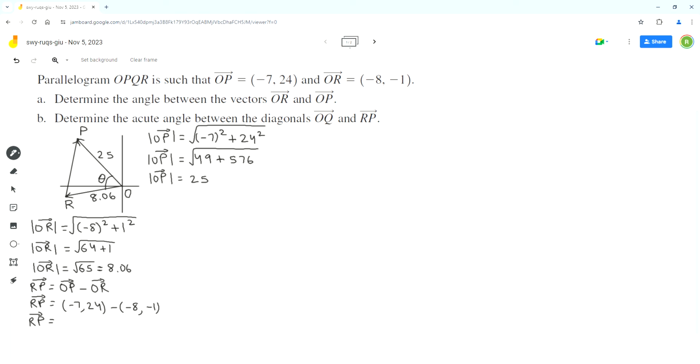Now we can subtract them. So we'll subtract their x and y components.